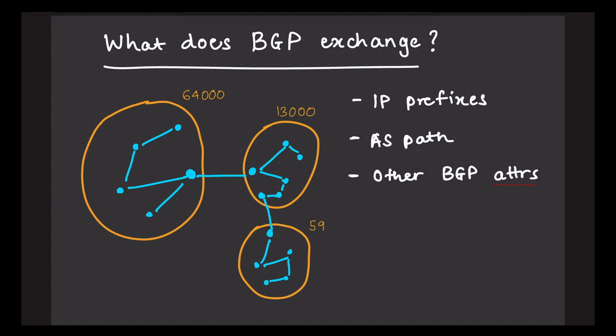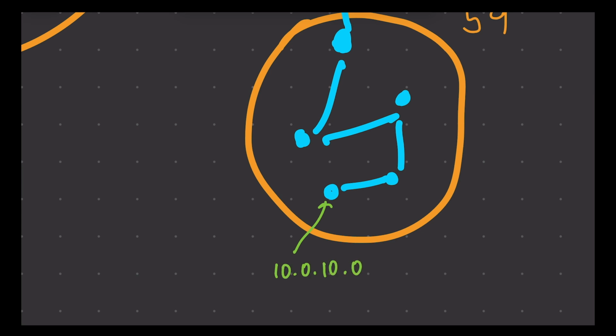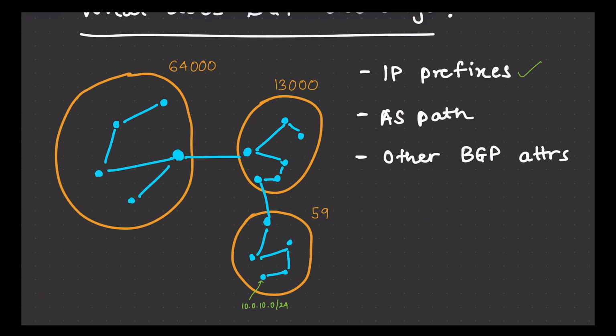Let's talk about what BGP actually exchanges. Unlike protocols such as OSPF, BGP does not exchange full network maps or link states. Instead, BGP exchanges route advertisements, which include IP prefixes. Let's say the marked router is actually a network with this IP address 10.0.10.0/24.